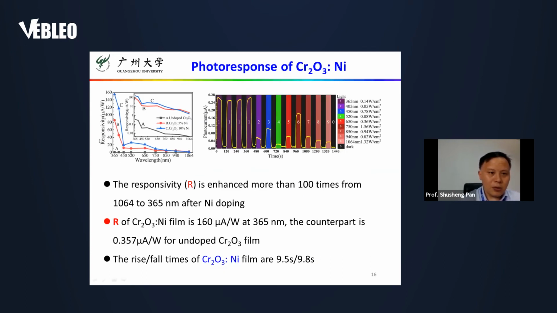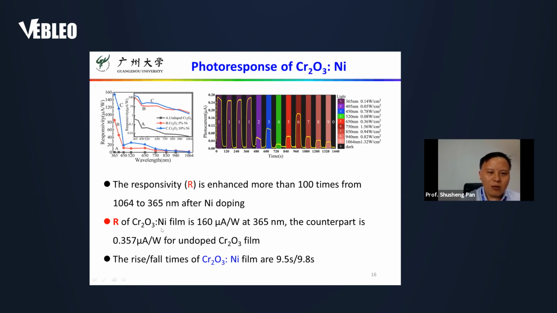And this is the responsivity changed with wavelengths, and the responsivity is enhanced more than 100 times from 1064 to 365 nanometer after nickel doping.